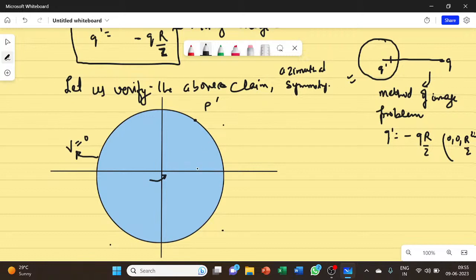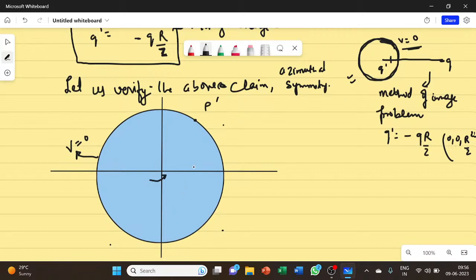If I replace this problem, I am very sure that on the surface of the conductor, my potential should be 0. So if I replace the problem of a charge placed in front of a grounded conducting sphere by an equivalent method of image problem, where I'm placing Q and Q dash, my potential must be 0. That is, it should keep my boundary condition intact, isn't it?